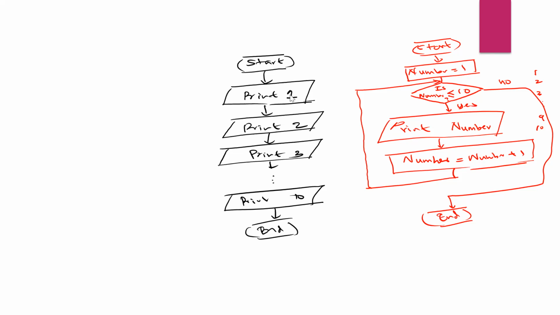The trick I have used: instead of a print statement printing a fixed number, this is a varying value, so I am going to use a variable. In my case, I put it as number. So I said print number, and the initial value I set to 1. So when number is 1 and you say print number, it will print 1. Samoda, did you get that point?